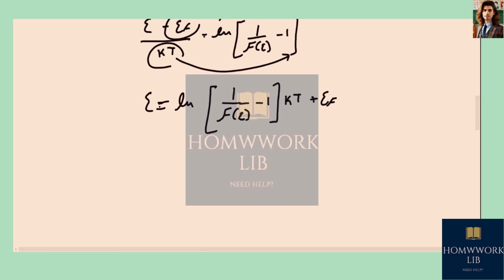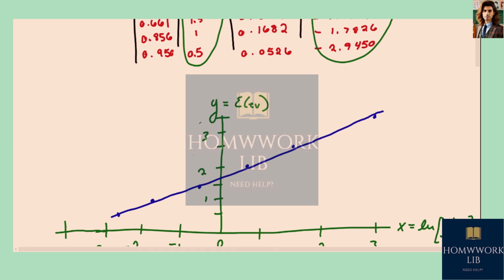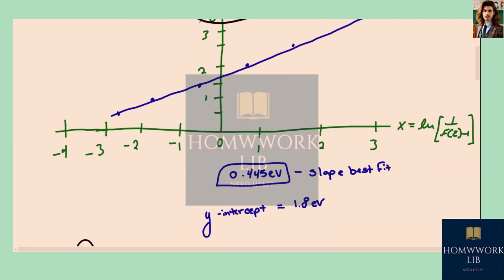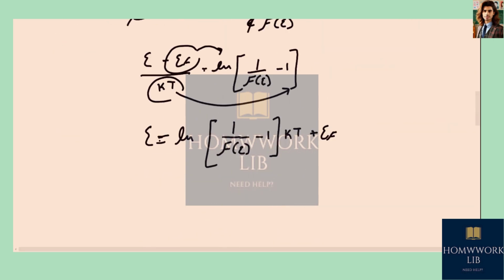Because if you look up here, this is your energy here, and our slope is the best fit. And this shows that this is basically y equals mx plus b, and this is basically the same.